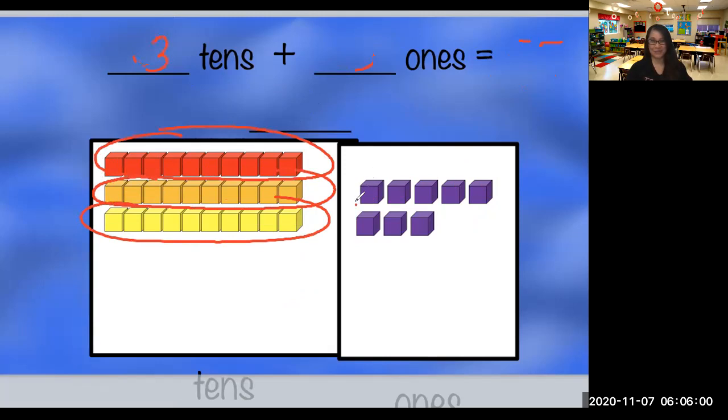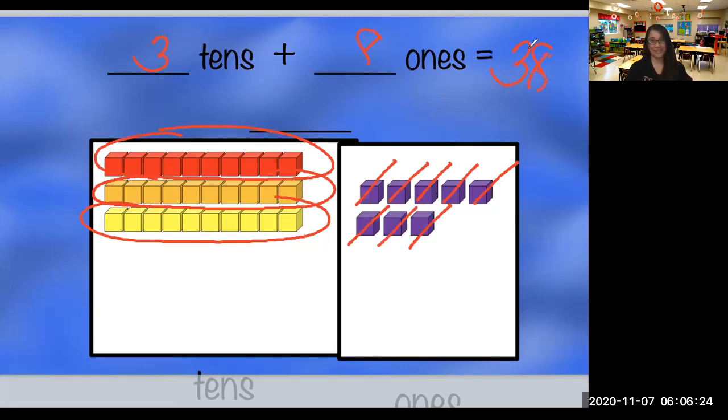Let's count them. 1, 2, 3, 4, 5, 6, 7, 8. You have 8 ones. Now, if we put them together, you have 3 groups of 10 and 8 ones.